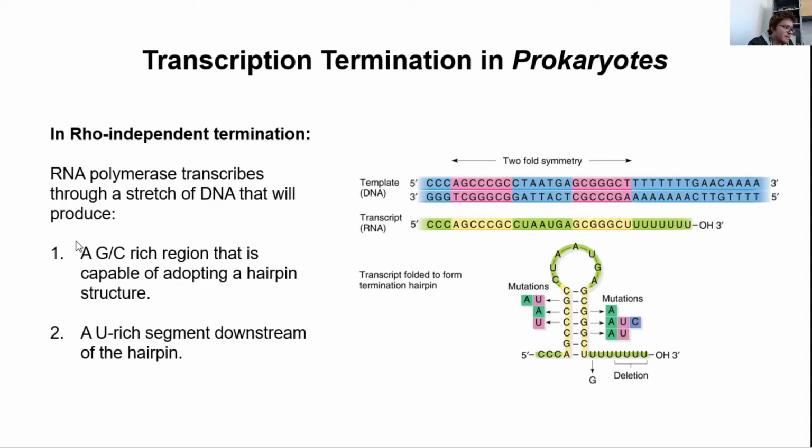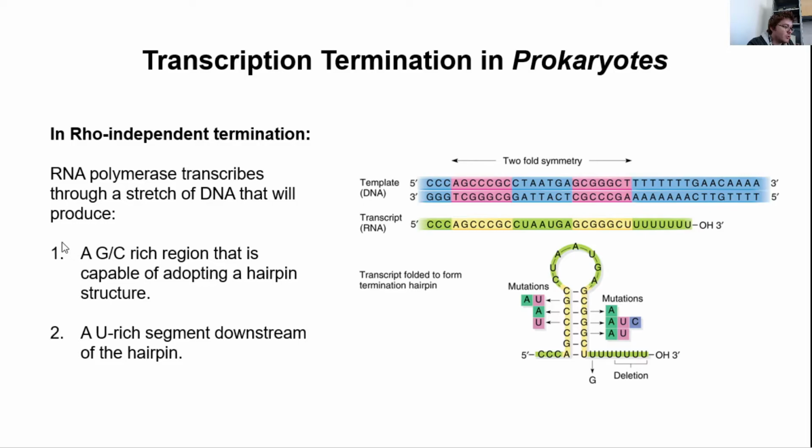And one of those things is it moves through a GC-rich region here. So you see there's a lot of GCs here, there's a lot of GCs here. And remember that RNAs, even though they're single-stranded, they can adopt secondary structures on their own. And we talked about in the earlier lectures, a hairpin structure was an example of this.